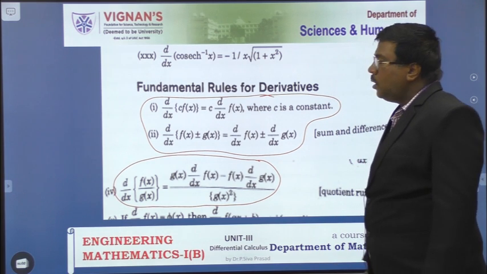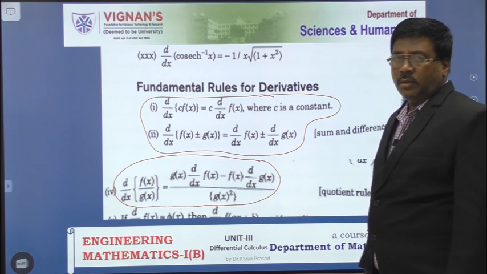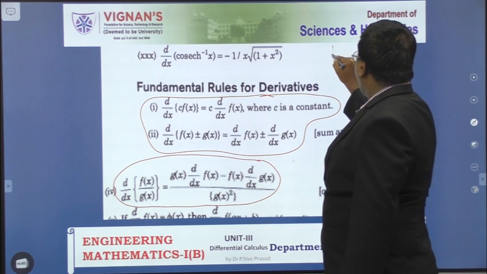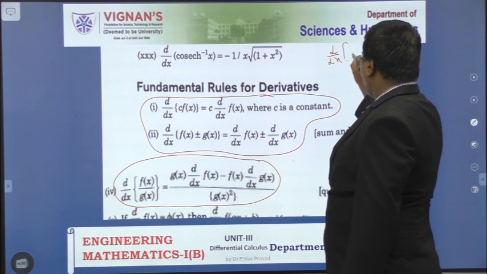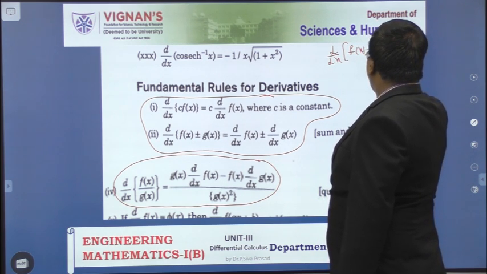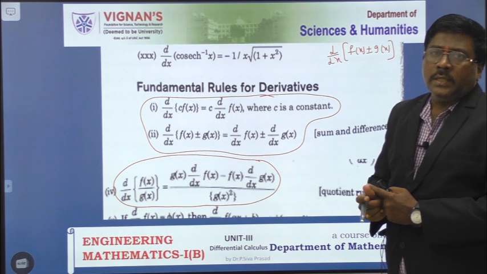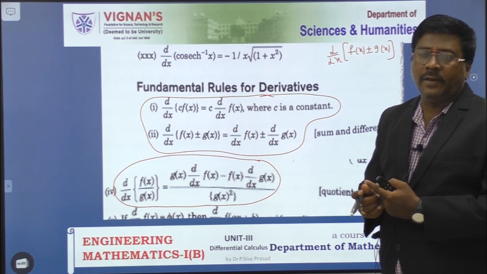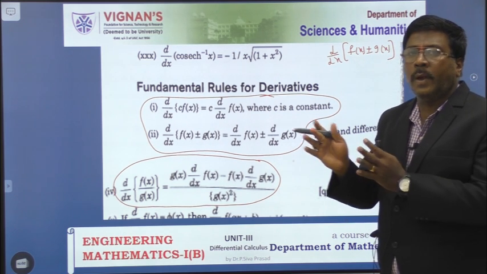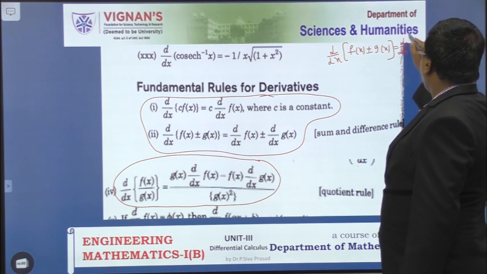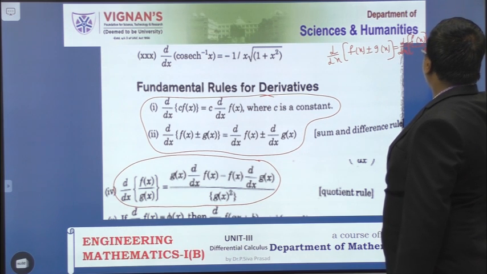So this is called the division rule, and the sum and product rules. Here, d by dx of f of x plus or minus g of x is equal to d by dx of f of x plus or minus d by dx of g of x.